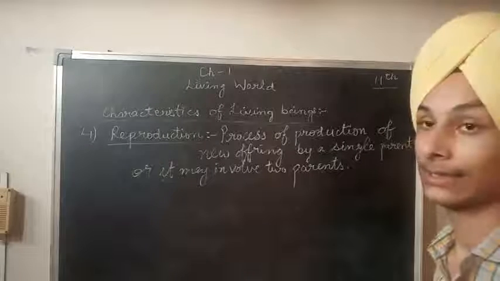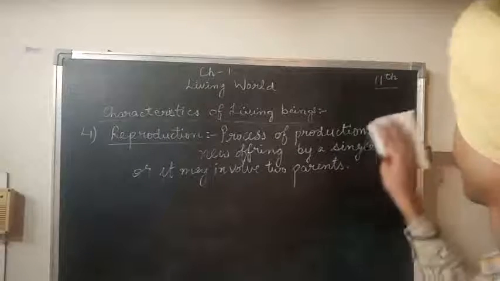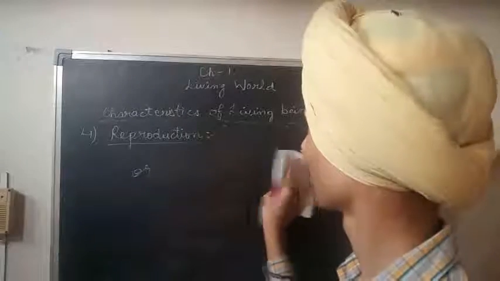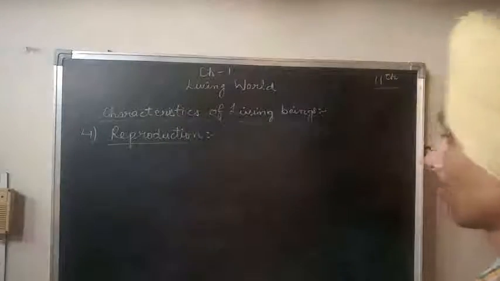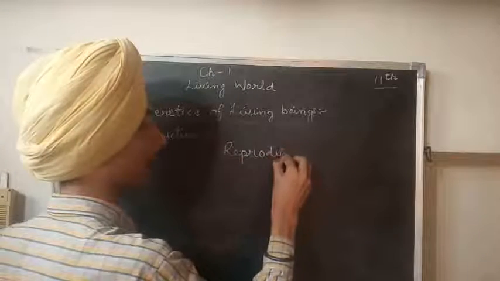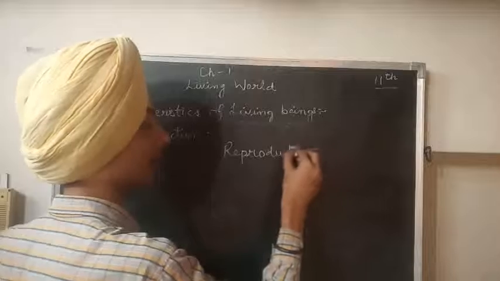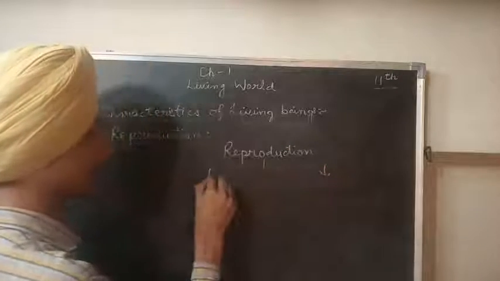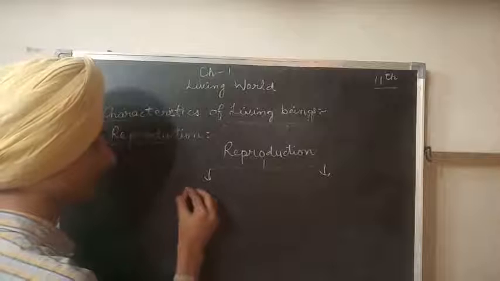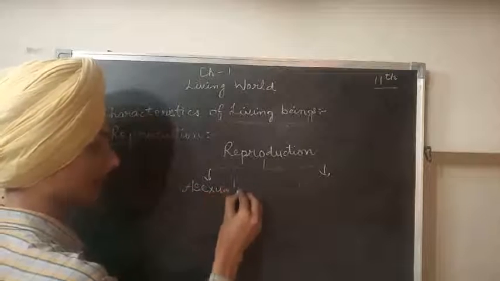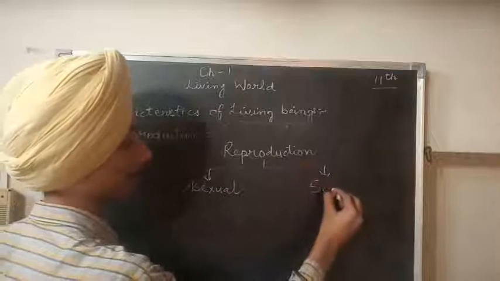Let us discuss the types of reproduction. Reproduction is of two types, that is asexual and sexual.